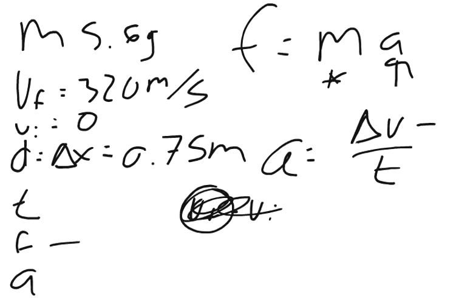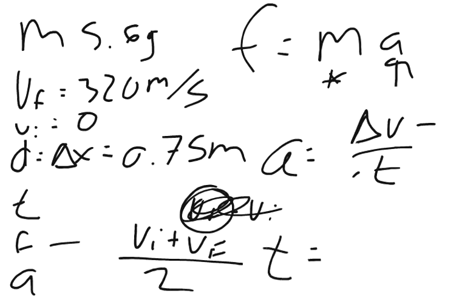Well, we don't know time. So how are we going to figure that out? There is a really simple formula. The initial velocity plus the final velocity, divided by 2, is the average velocity. Average velocity times time equals the change of x, or the change of displacement.